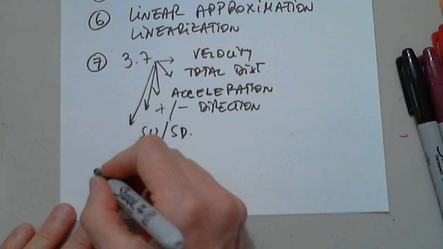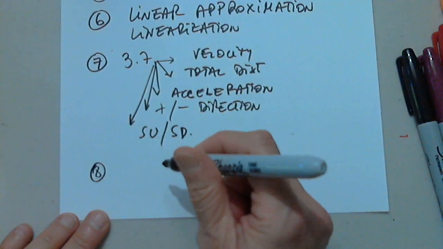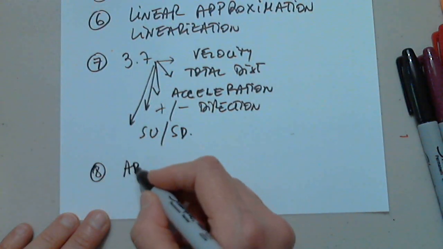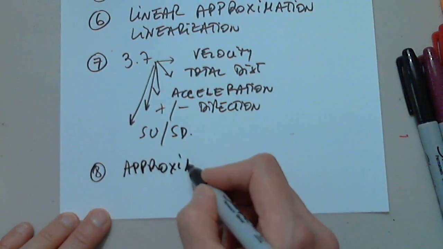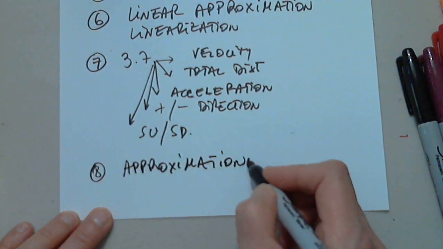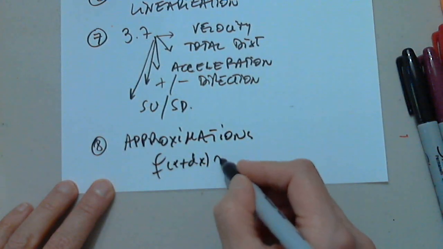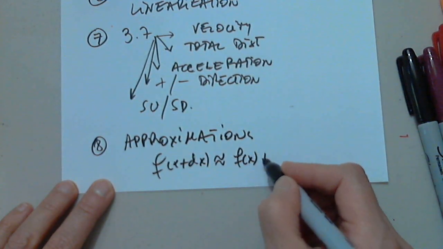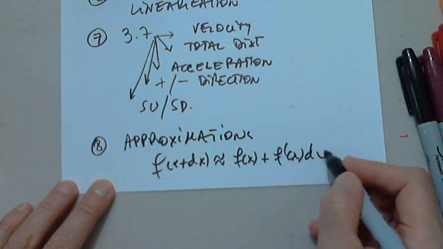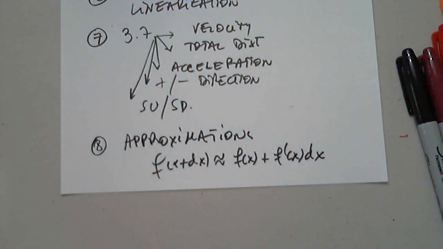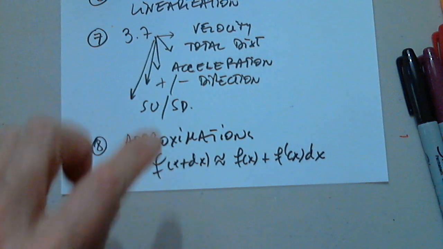I don't want to forget to mention approximations with the formula: f of x plus dx is approximately f of x plus f prime of x dx. Okay, so we want to start with something like this.